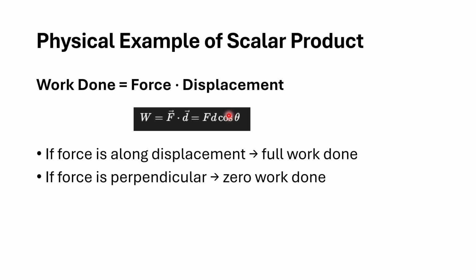We don't say work in that direction, work in that direction. Work is totally a scalar quantity. If the force is along the displacement, there is full work done. If the force is perpendicular, there is 0 work done.